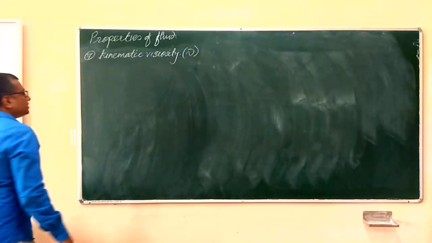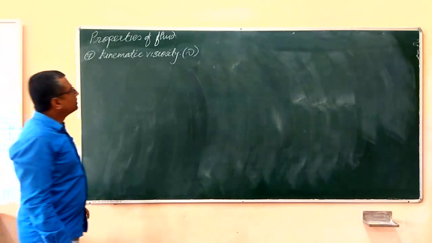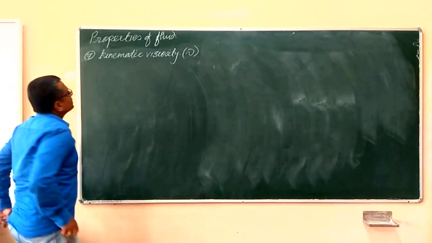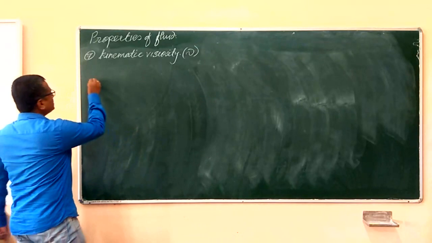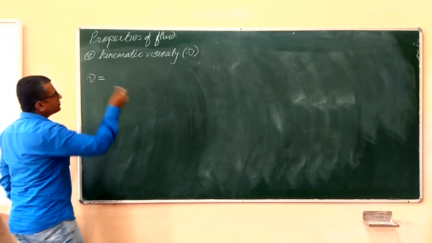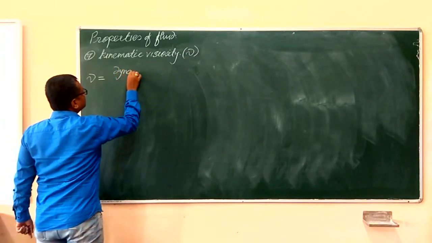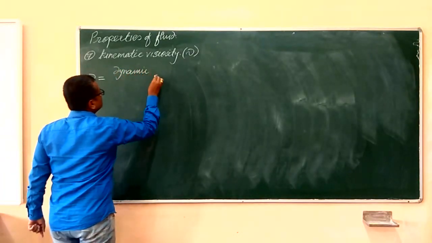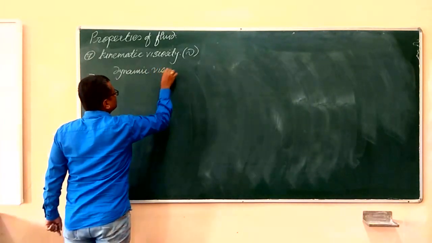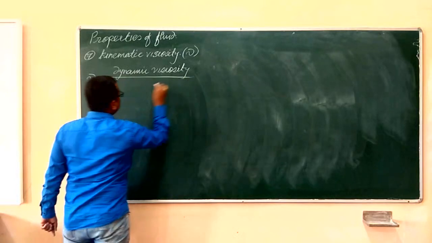We have seen the term dynamic viscosity. Now let us see kinematic viscosity. Kinematic viscosity is represented by the letter nu. It is the ratio of the dynamic viscosity of the fluid to the density of the fluid.